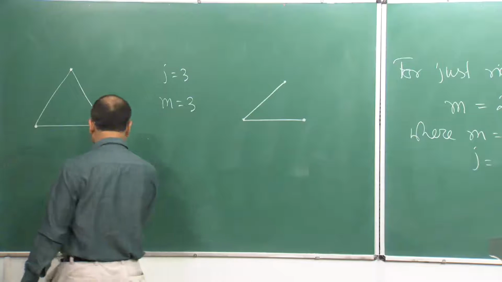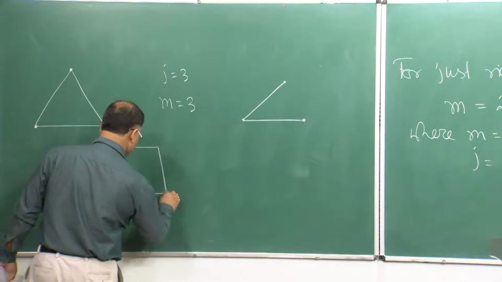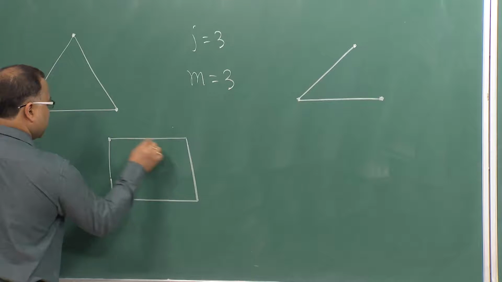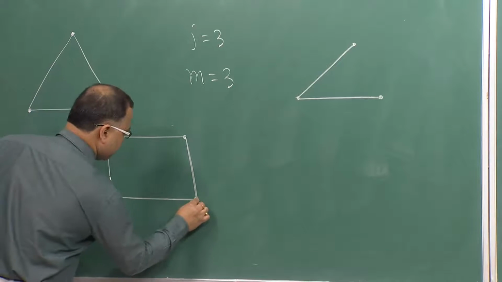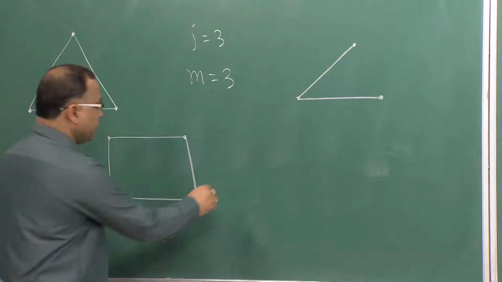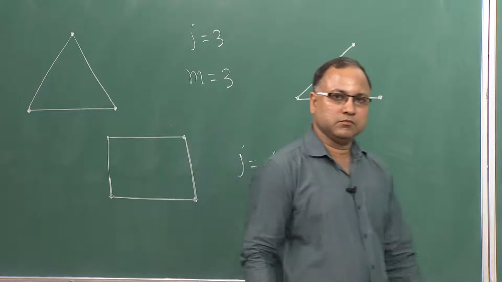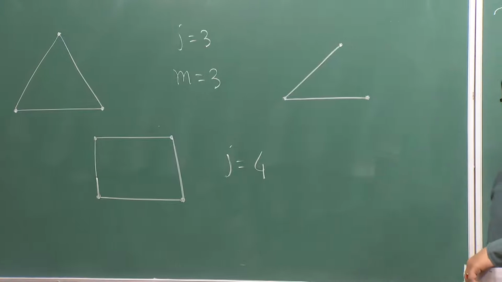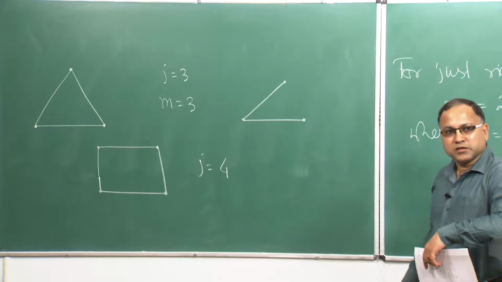Now, talk about this kind of truss, square or rectangular orientation. How many joints are there? 4. Okay. You have 4 joints, 4 corners means 4 joints.